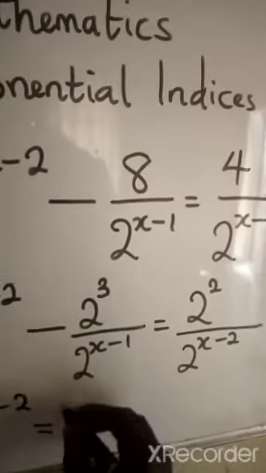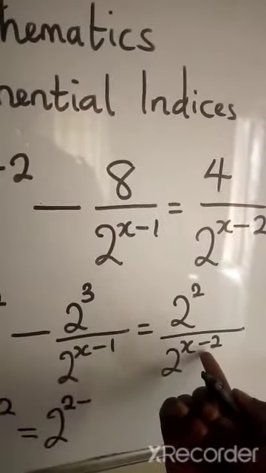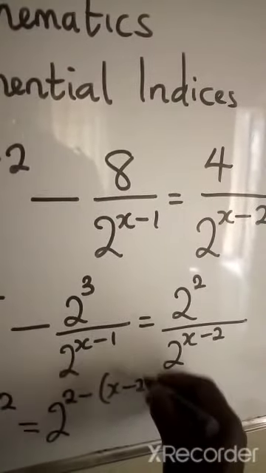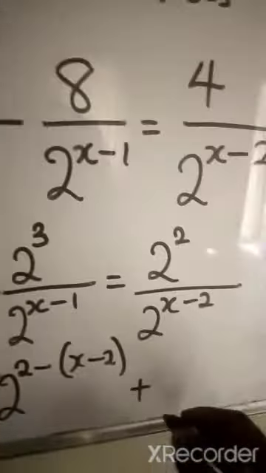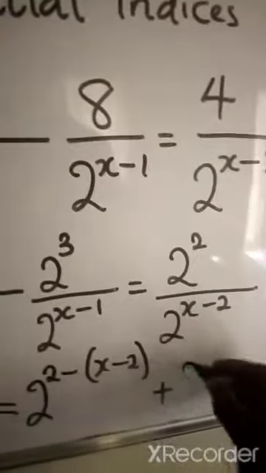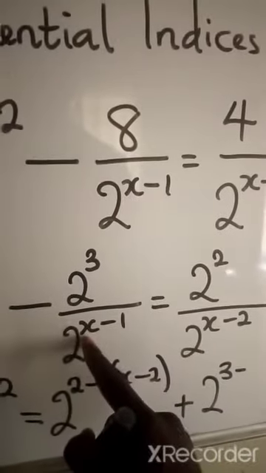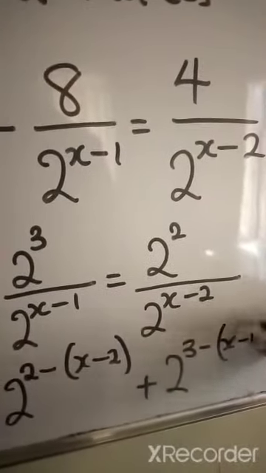And this will give us 2 raised to the power of 2 minus (x minus 2), because this one is coming as division. Then this, when you take it to the other side, it becomes plus. And we have 2 raised to the power of 3 minus (x minus 1), because this one is also coming from division.